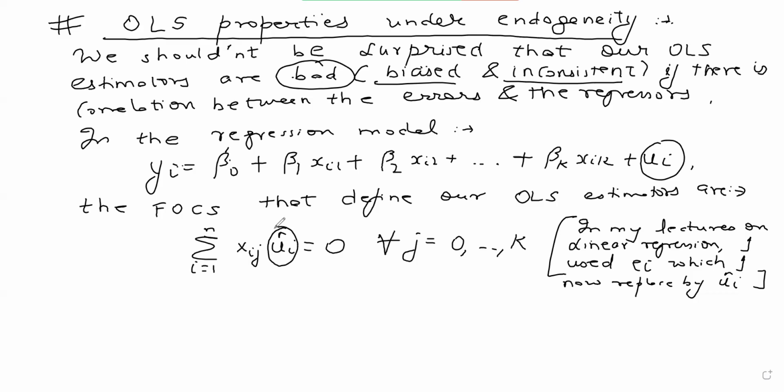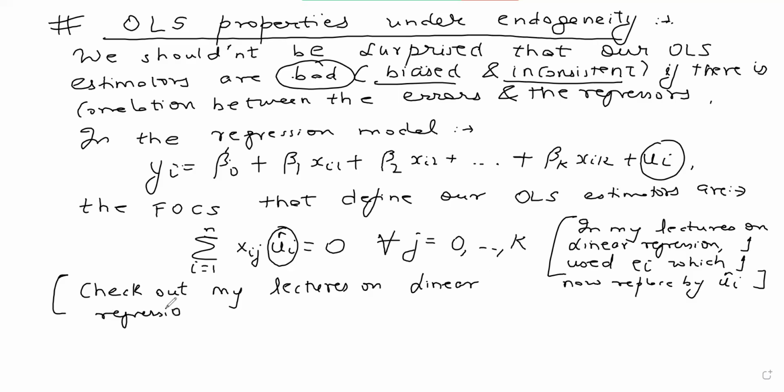So check out my lectures on linear regression for the proof that summation xi ei is equal to 0 as i goes on from 1 to n.